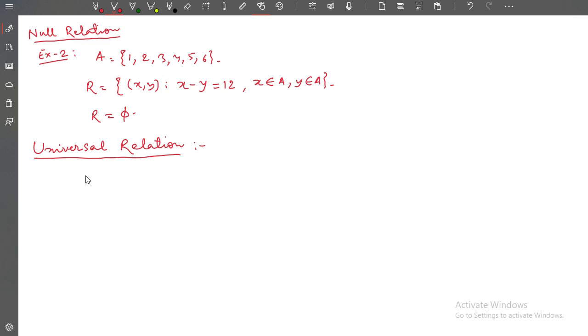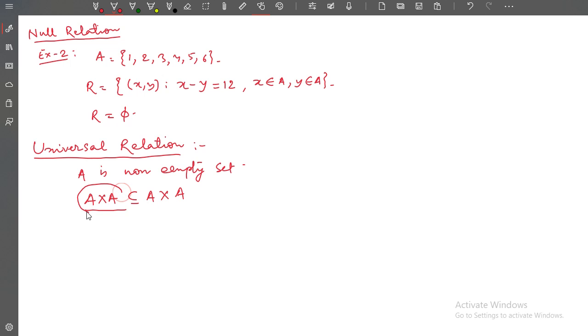So let us write it. A is a non-empty set. A cross A is a subset of A cross A. So by definition, A cross A is a relation.